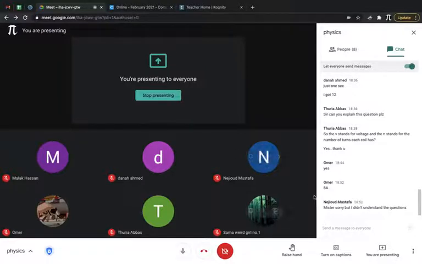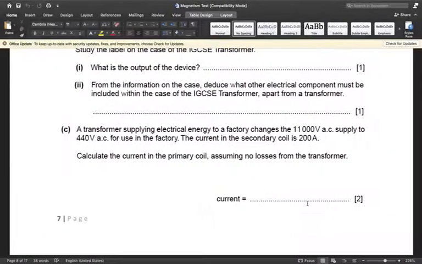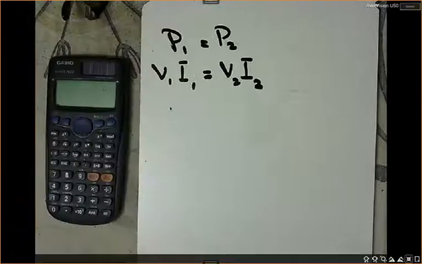Omer says 8 amperes. Nujud, the question simply tells you to calculate the current in the primary coil, which is I1. They gave you V1, V2, and I2, and they want you to find I1.